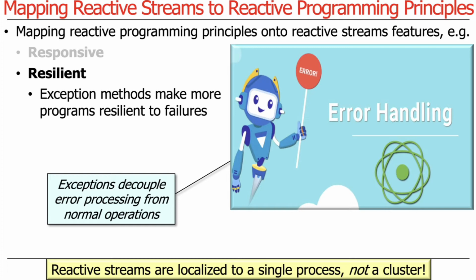We'll see the method names are different. Their semantics are different. There's some subtleties that we'll have to go over, but they have a way to separate out normal processing from error processing. Always keep in mind that reactive streams are localized to a single process, not a cluster of processes. So the failures that are occurring here are failures that are occurring within a process, not a machine going down in a cluster per se.